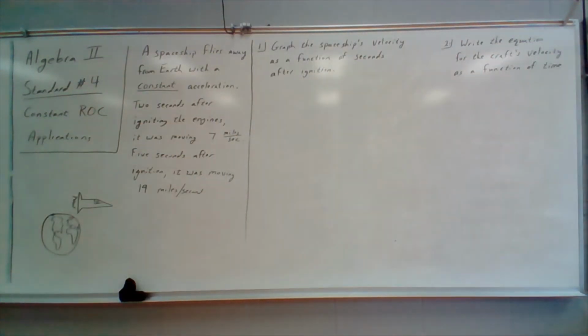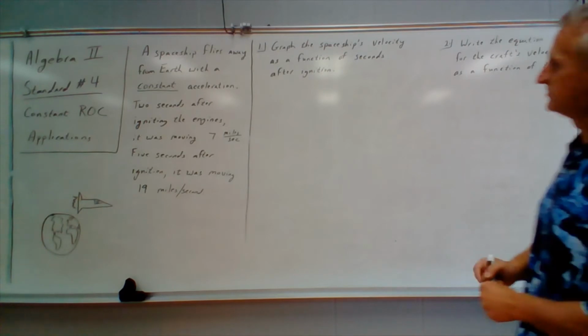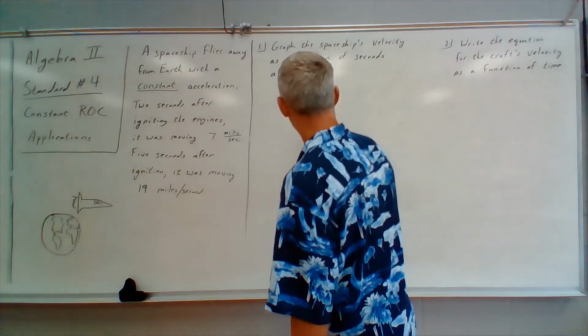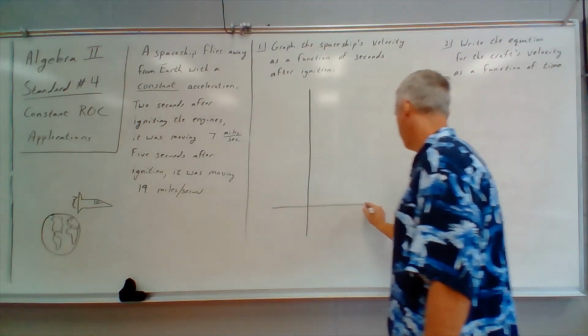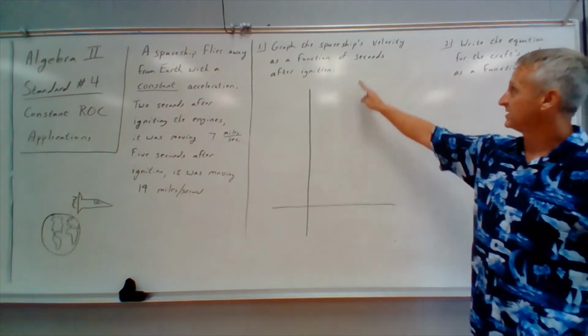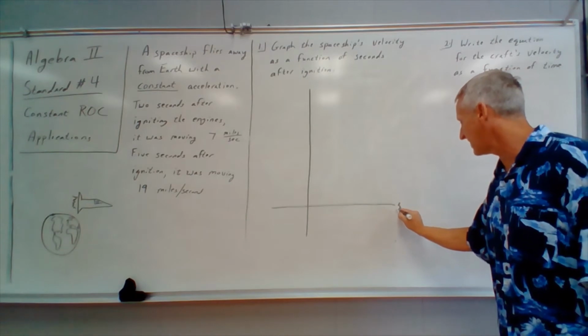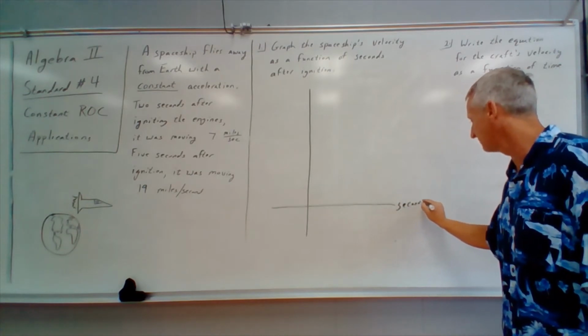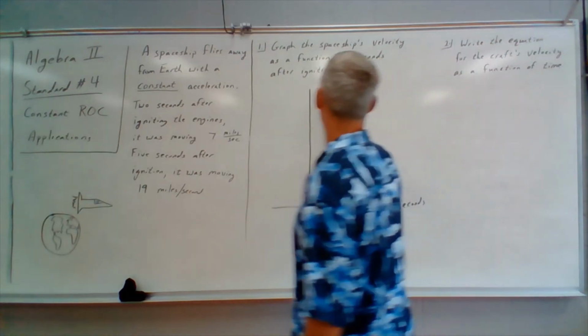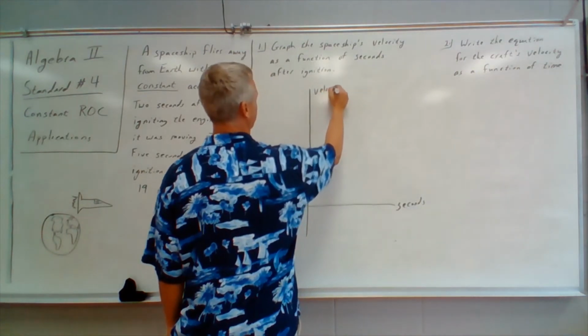All right, so on the first one, let's make a graph. The spaceship's velocity as a function of seconds after ignition. So on this axis, I'm going to have seconds, and on this axis, I'm going to have velocity.